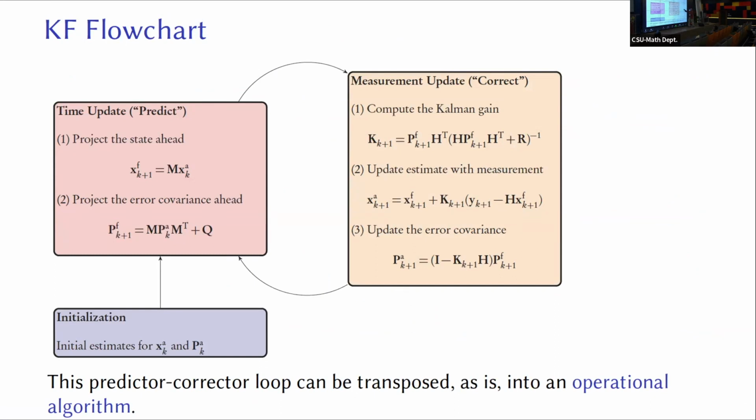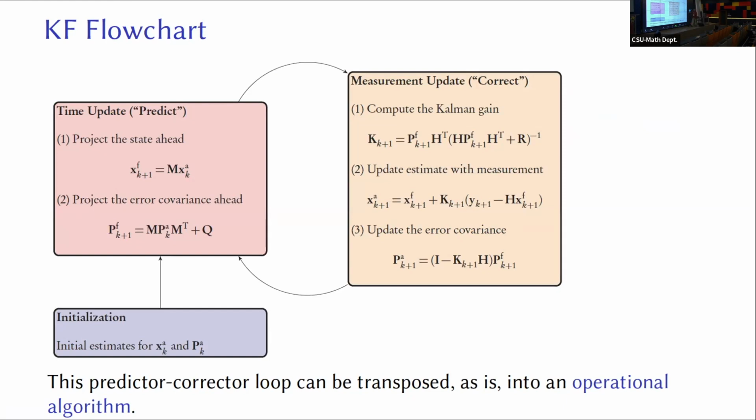I write down in 5 lines the Kalman filter using MATLAB or Python. You can use matrix-vector notation. You can write a Kalman filter in 8 lines, because you have to initialize, etc. So the Kalman filter is very efficiently programmed, and it follows exactly the steps of prediction and correction.